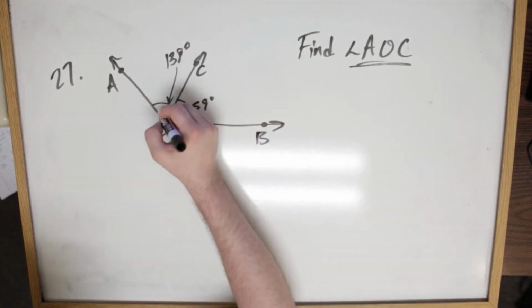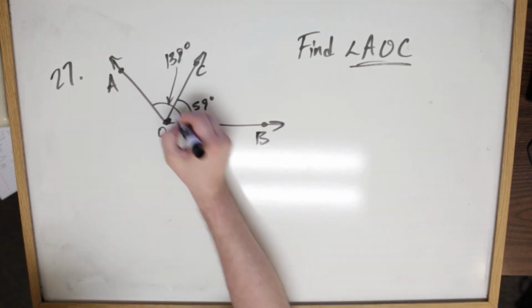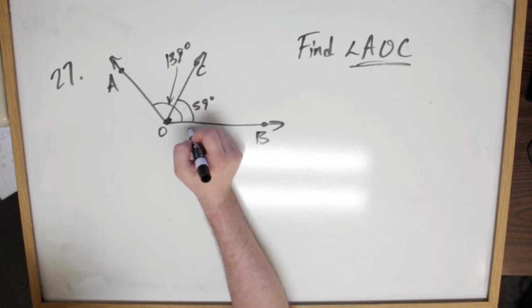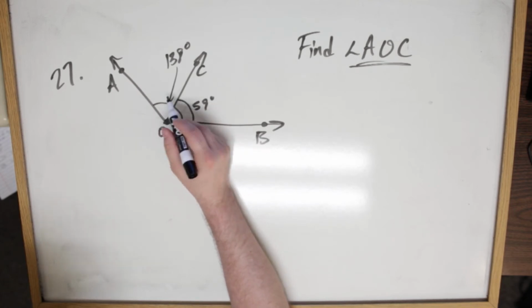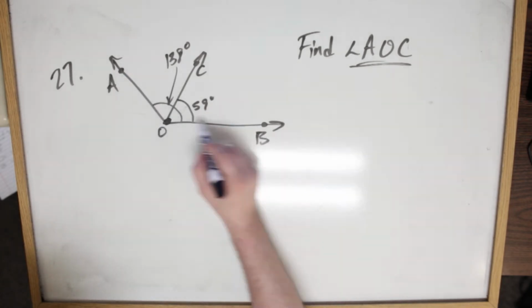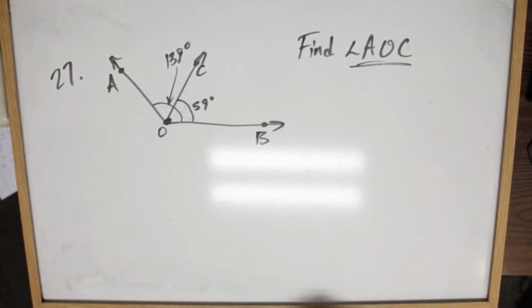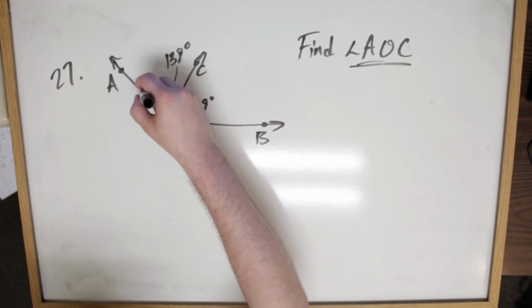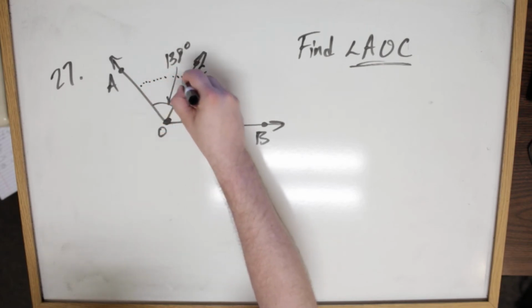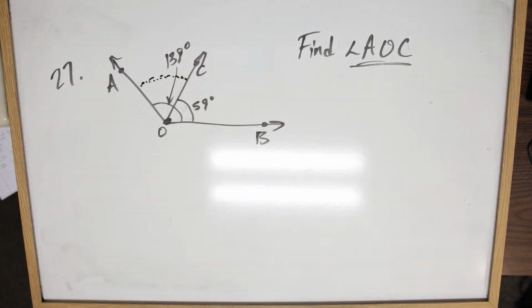So 138 degrees is the whole arc right there, and then this is what they give us right there. So I know the whole thing, and I know that small one. So what you can do is, I'm actually trying to find that angle measure right there, the dotted line.